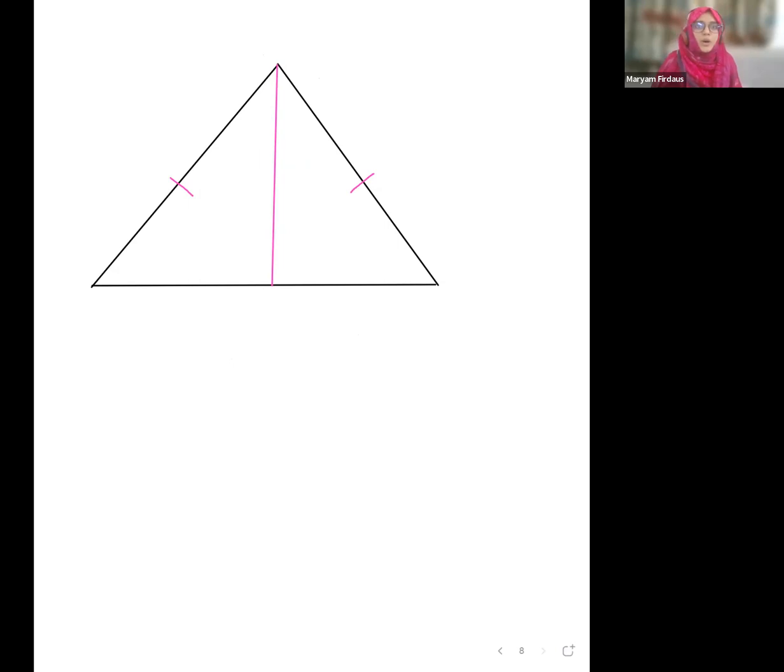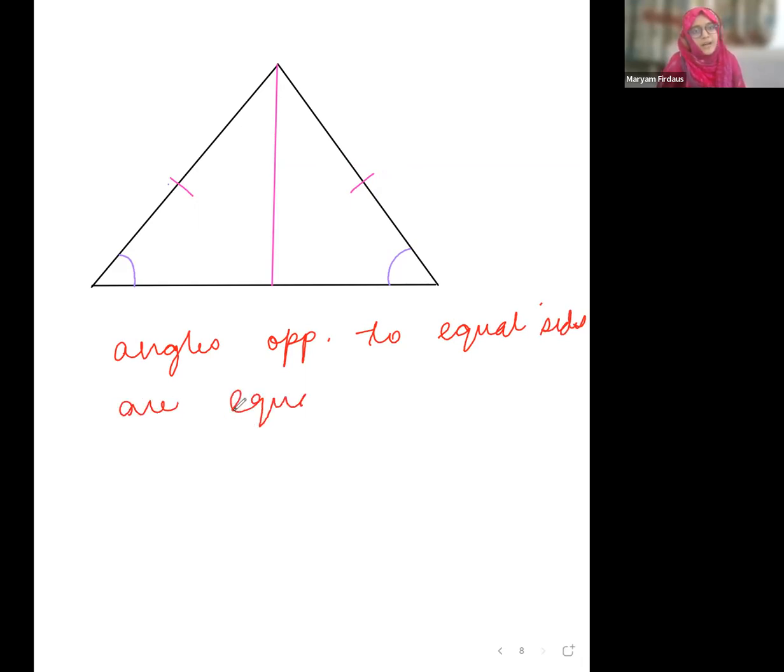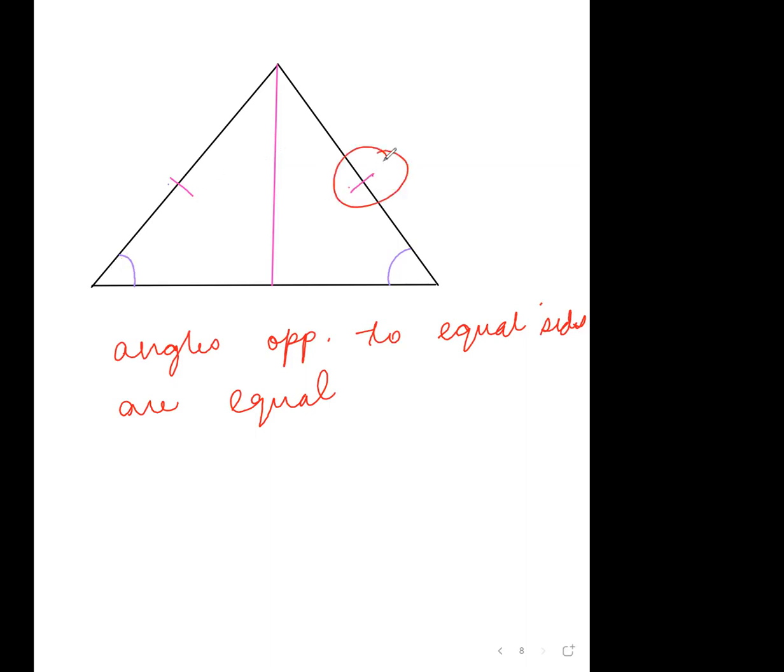Right. So one thing about isosceles triangle is that two sides are equal. And another thing is that the angles that are opposite to these equal sides are also equal. What does that mean? Let me write it over here. Angles opposite to equal sides are equal. These two sides are equal, right? So what is the angle opposite to this side?